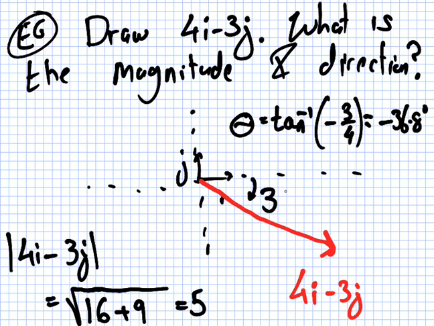So this angle here is 36.8 degrees. It's going down, that's why it's minus. If you got this in the exam, it would only be the first question on the exam paper, just to get you started. It's not too difficult.